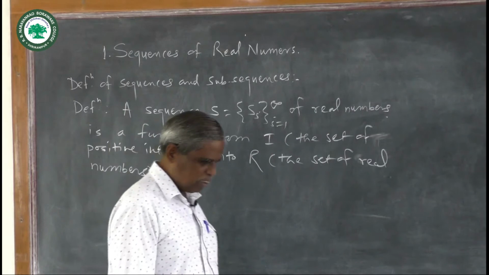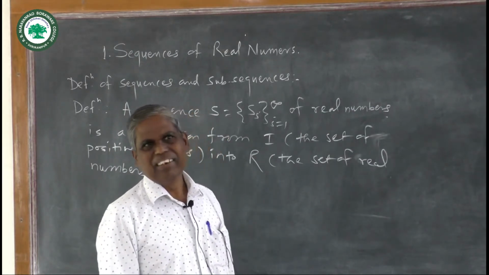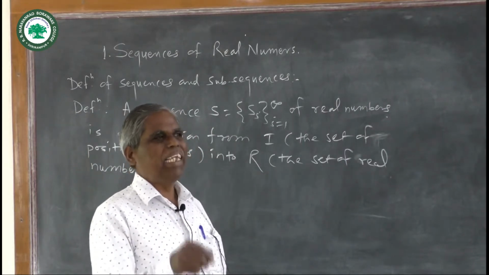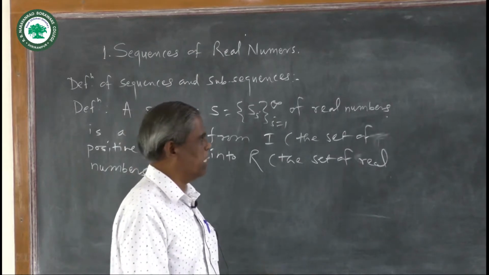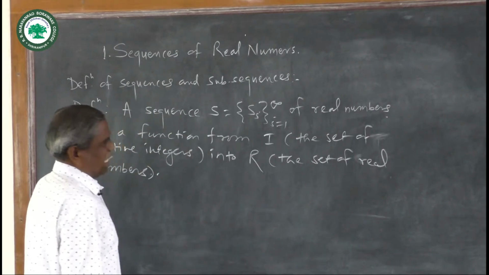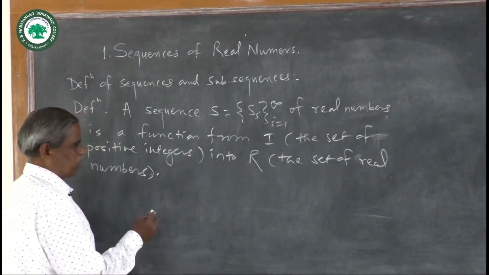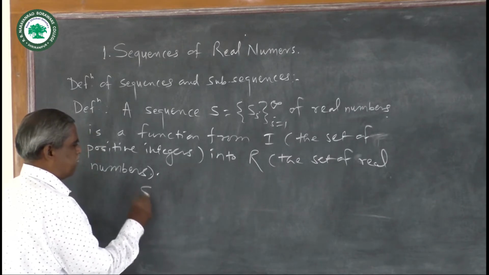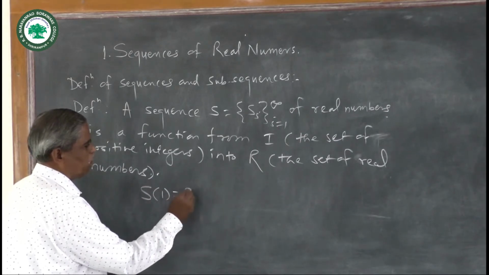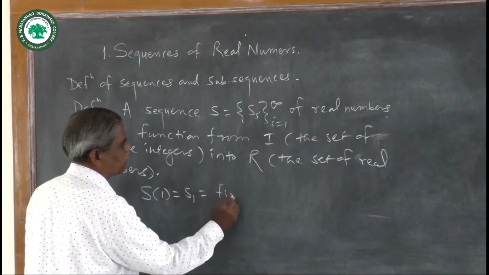In some books, sequence is also defined as a function whose domain is set of natural numbers capital N. Here we have taken I as domain, I is set of positive integers, therefore S operates on 1 is equal to small s suffix 1, which is first term of the sequence.